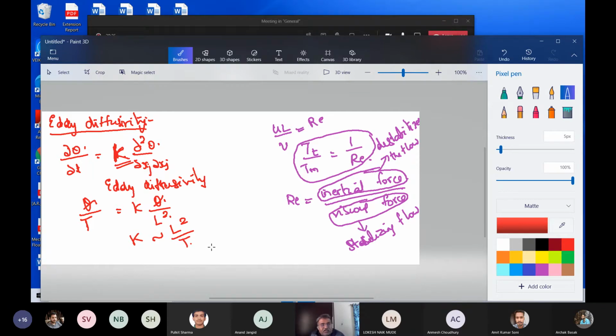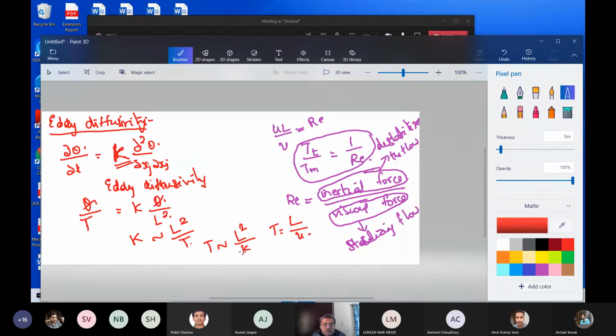We already saw that for turbulent motion, T is equal to L squared by K. And from the previous part, we saw that T is equal to L by U. This is how we said it was for the turbulent motion.